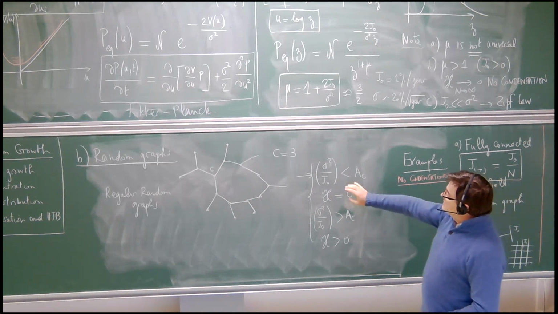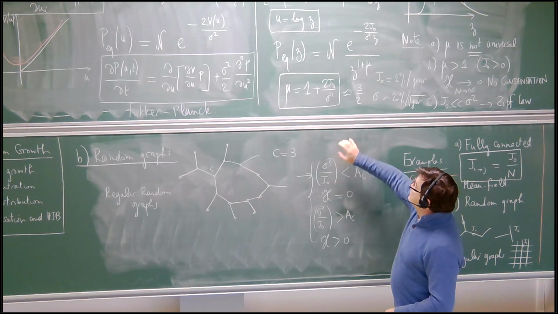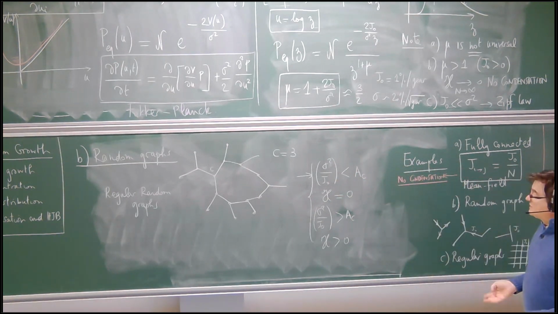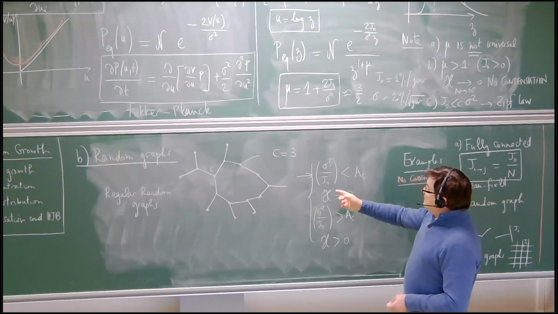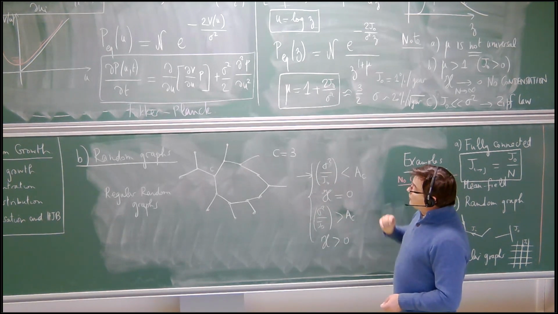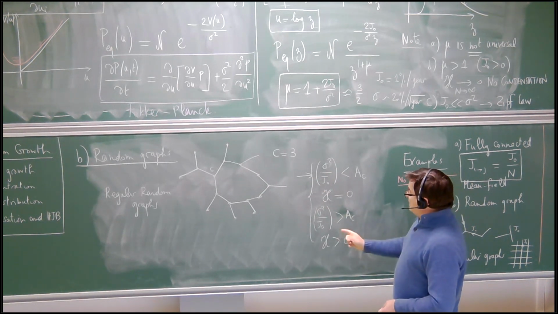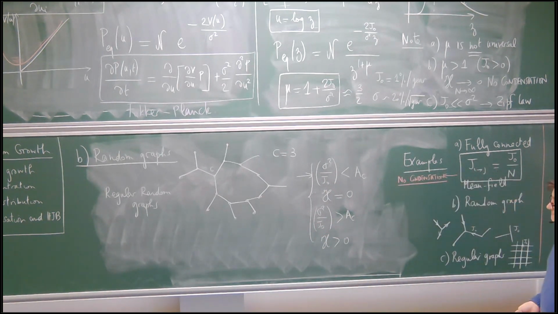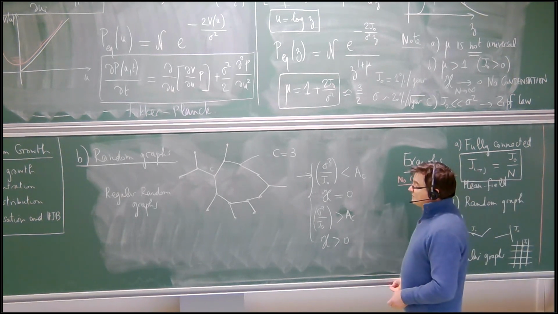And what matters is this ratio sigma squared over J0, the same ratio as this one. And so what you intuitively see is that if J0 is large enough, you avoid condensation. If J0 is small enough, you are condensed. So this is a case where there's a true phase transition in this model.